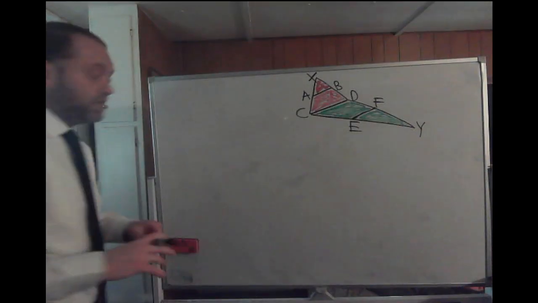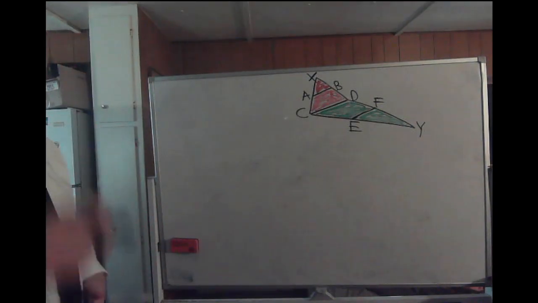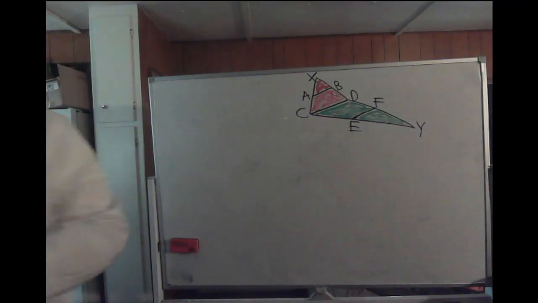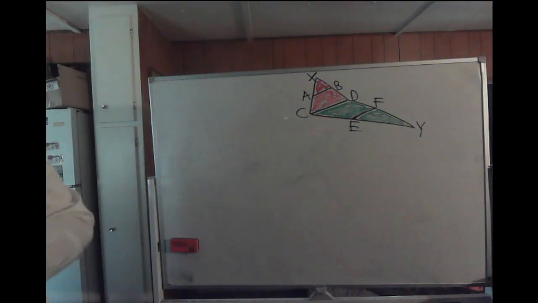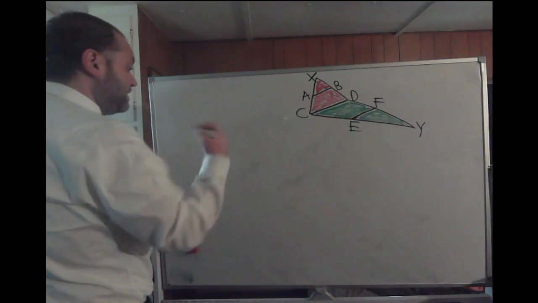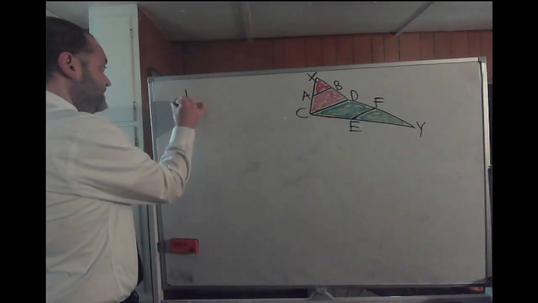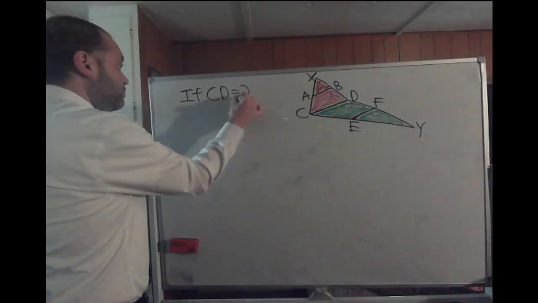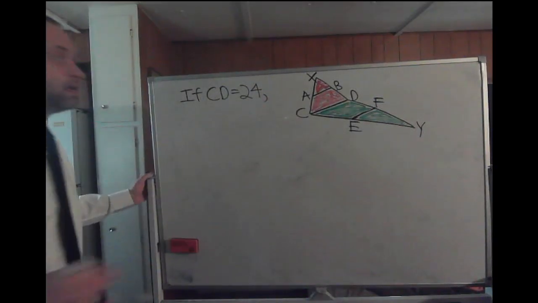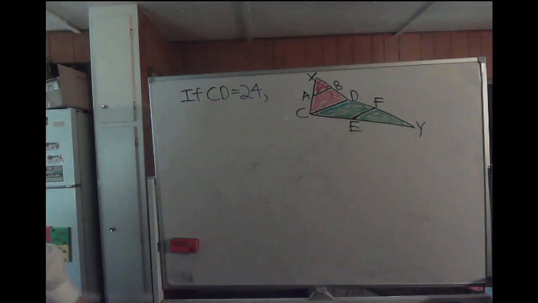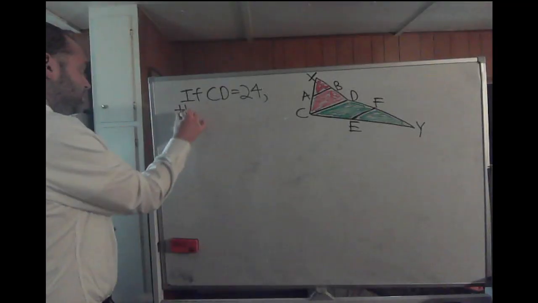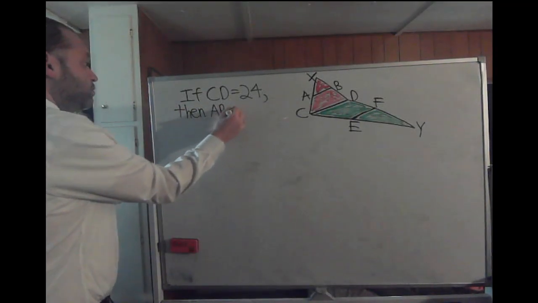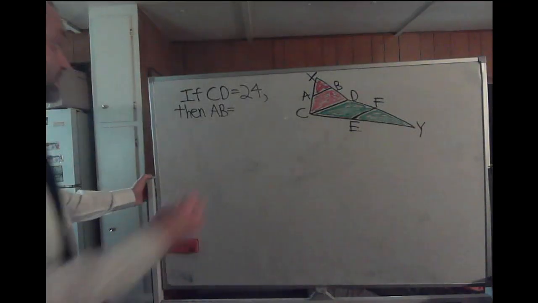Alright, so what we're going to do is put these theorems into practice. This is going to be more finding values. In this case, if CD equals 24, then AB would equal what?